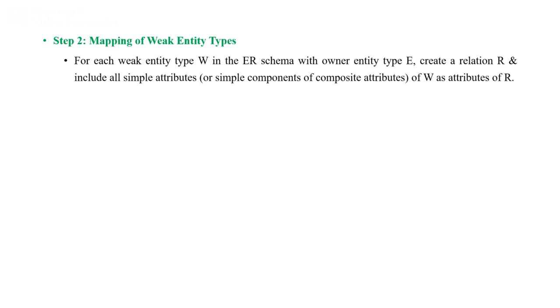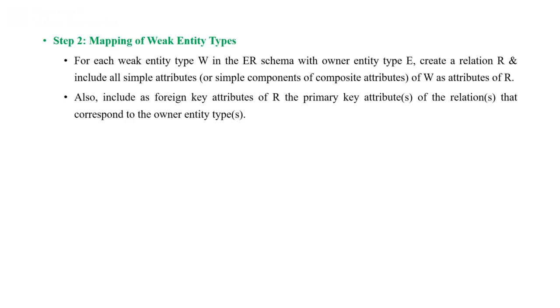For each weak entity type W in the entity relationship schema with owner entity type, we create a relation R, and include the simple attributes, or the simple components of composite attributes, of W as attributes of R. We also include as foreign key attributes of R the primary key attributes of the relation S that corresponds to the owner entity type.